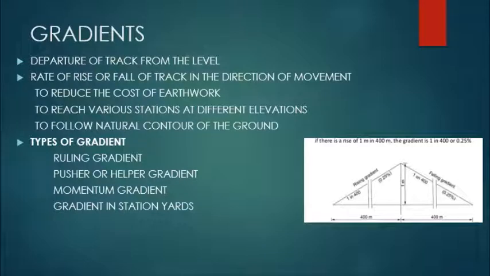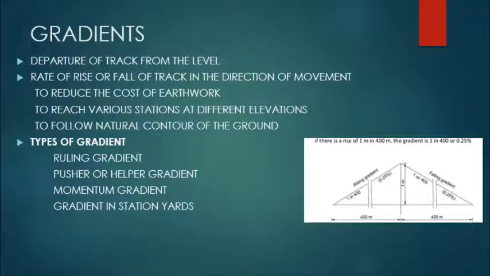The gradient can be measured either by the extent of rise or fall in 100 units of horizontal distance, or the horizontal distance travelled for a rise or fall of 1 unit. Gradients are provided on the tracks for the following reasons: to reduce the cost of earthwork, to reach various stations at different elevations, and to follow the natural contour of the ground.